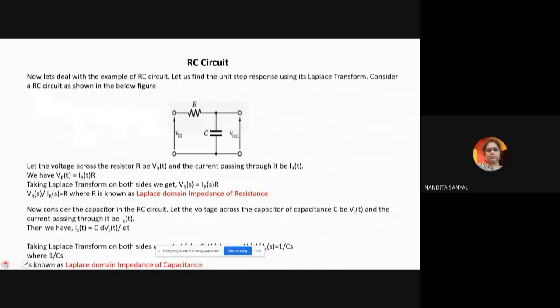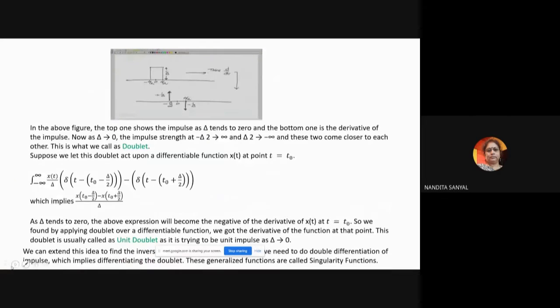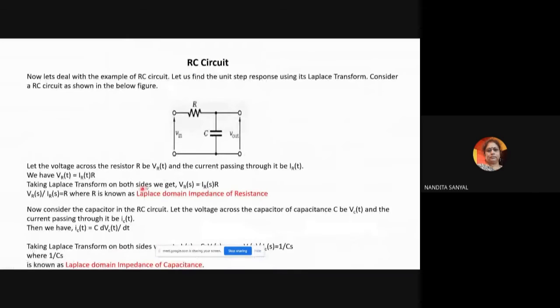Now let us take an example of an RC circuit. This RC circuit is known to everyone, and here the input is given as Vi and the output is given as Vo.